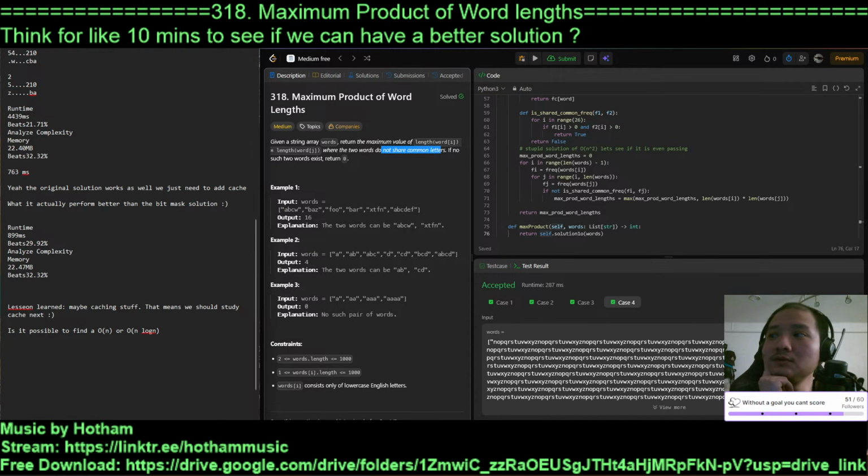For a given word, we need to quickly find that a different word has the same characters, right?